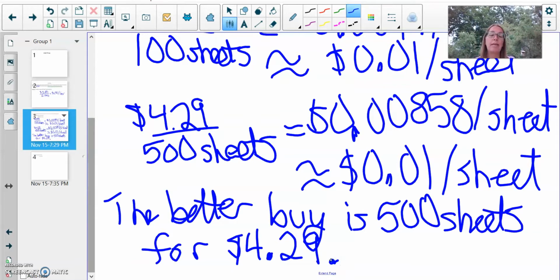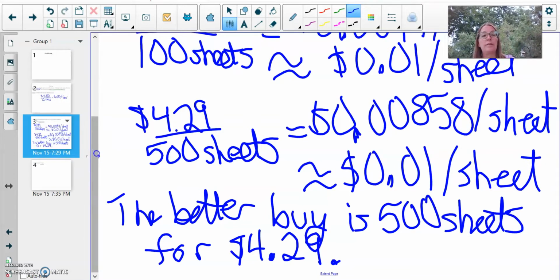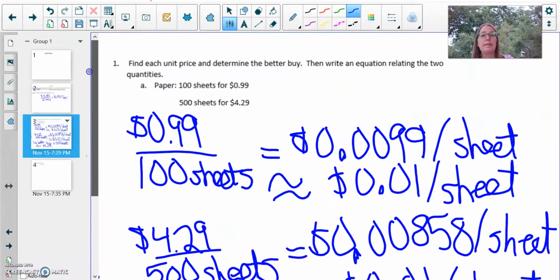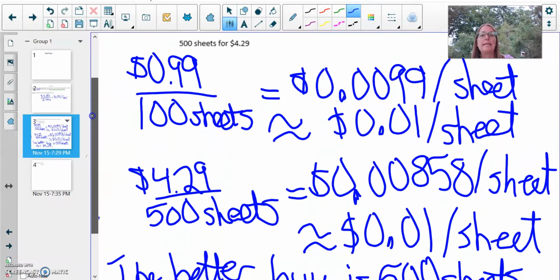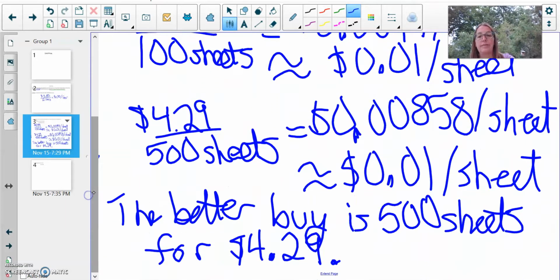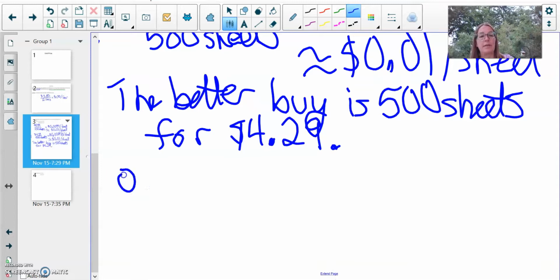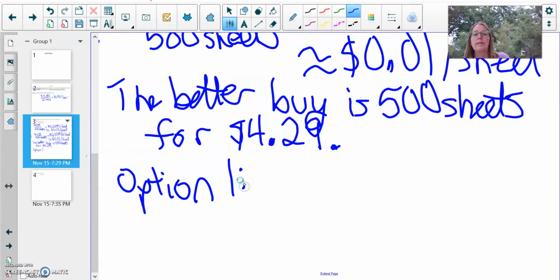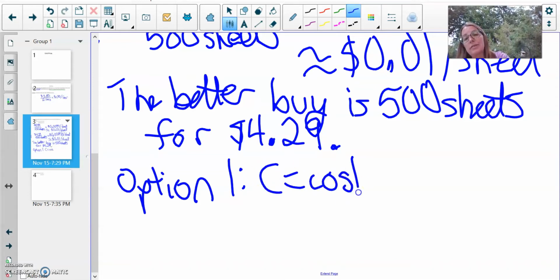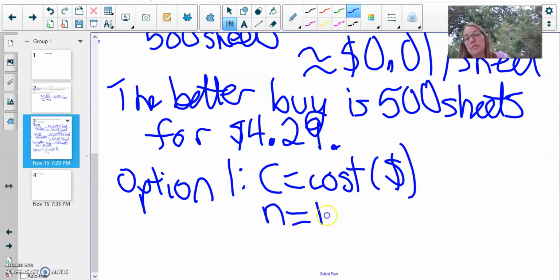Now the other part of the question is they want us to come up with an equation. So I'm going to use C for the cost in dollars, and N will be the number of sheets.